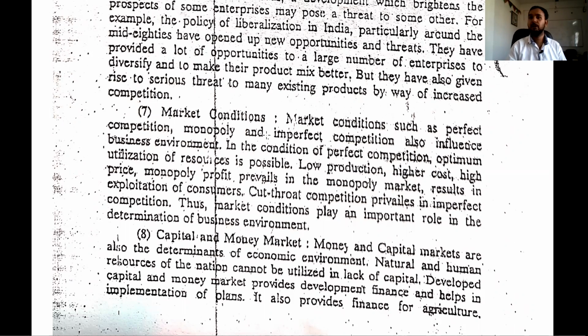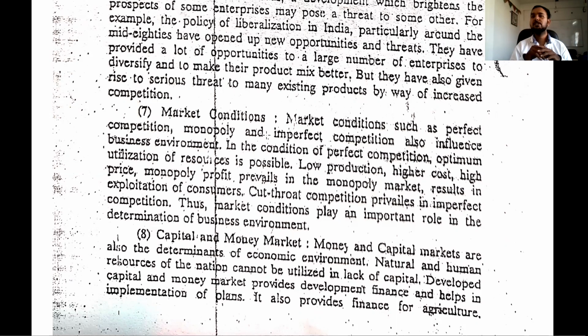If it is a perfect competition, or you are doing a monopolistic business, if you have a monopoly in the market. So what kind of situation there is in the market will affect your company. If there is a highly competitive market, then you need to rely on your competitor. If you are selling at rupees 5, but your competitor is selling the same product at rupees 4, you also need to decrease your price, or you also need to implement such a strategy so that you can survive in the market.